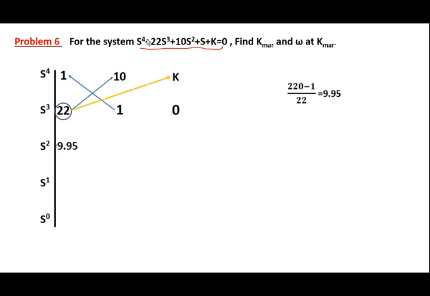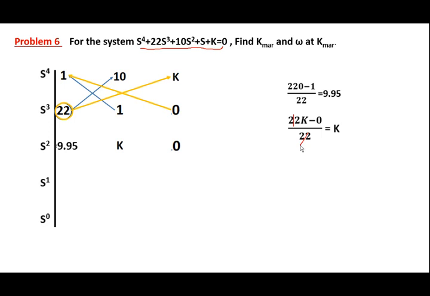Next 22 into k, 22k minus 1 into 0, that is 0. 22k minus 0 divided by 22 gives the value k, because 22 and 22 will get cancelled. Remaining value is k. Next you can put 0 in the next element.